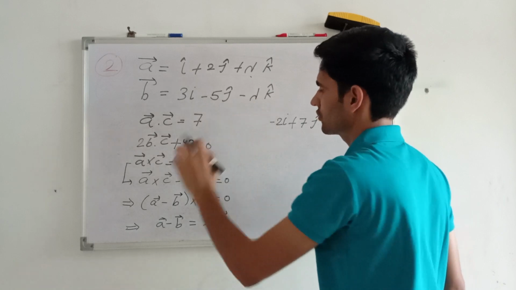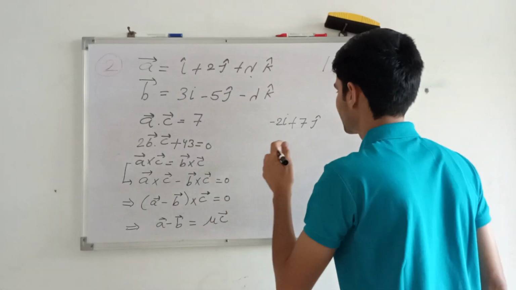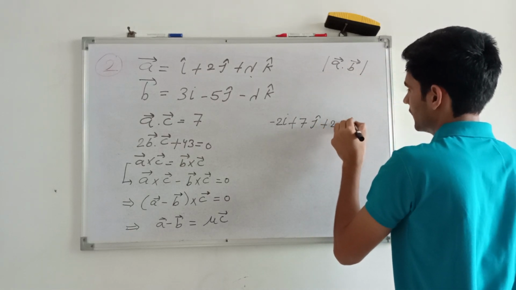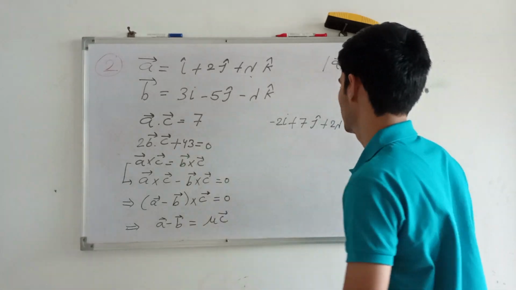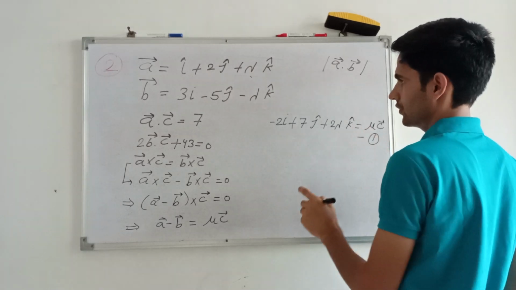Lambda minus minus lambda becomes lambda plus lambda, we will get 2 lambda k cap, equal to mu times vector C. That is equation 1.